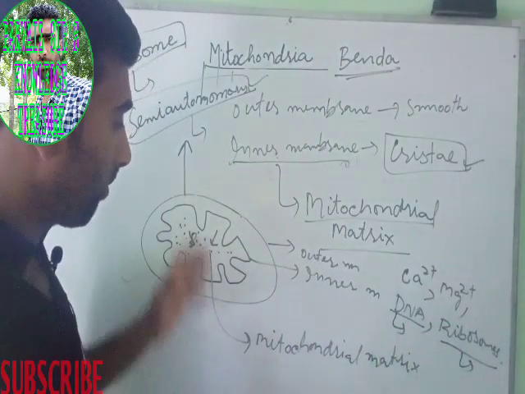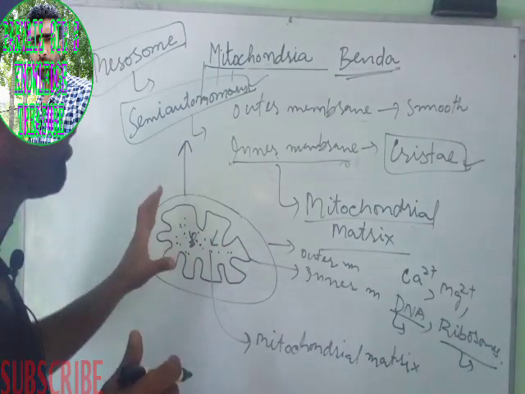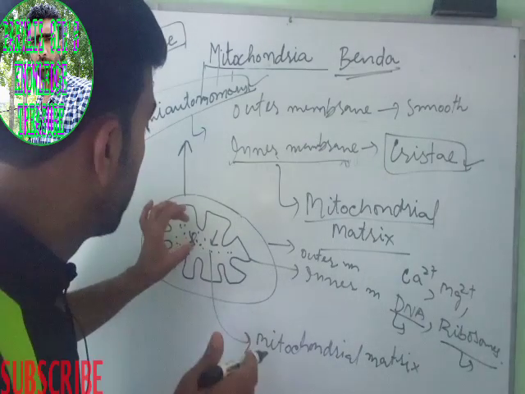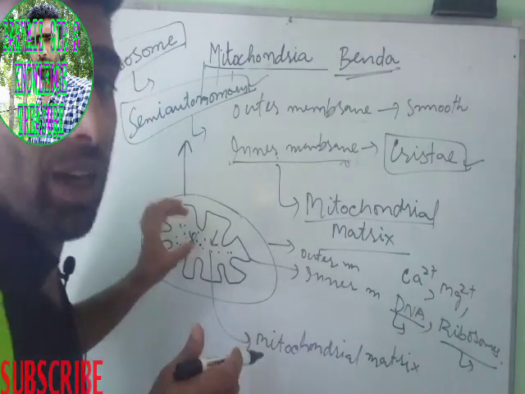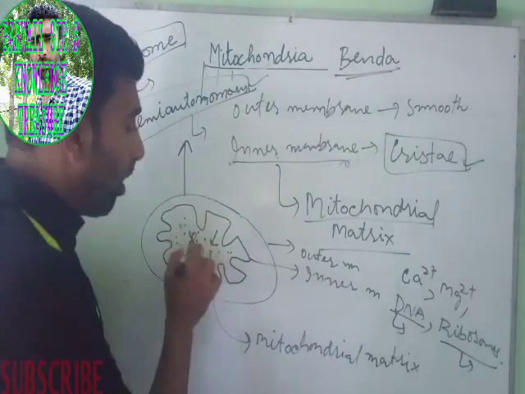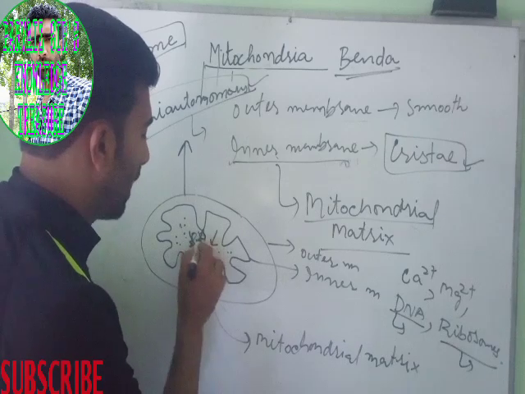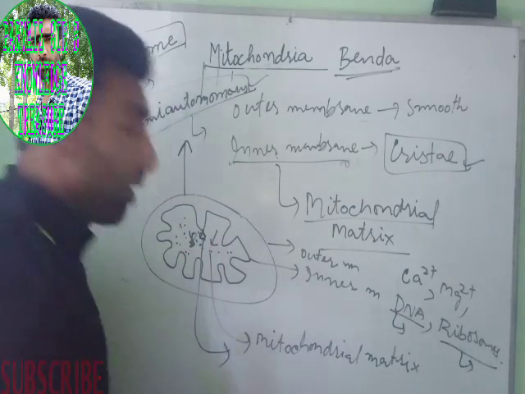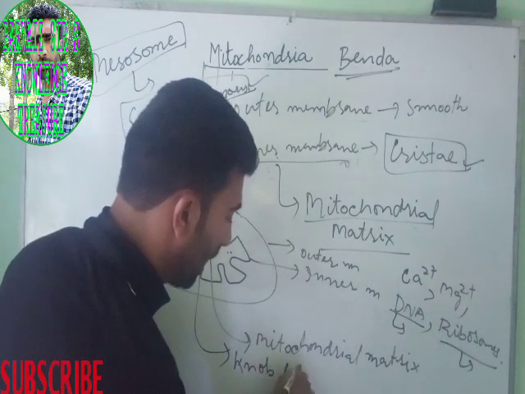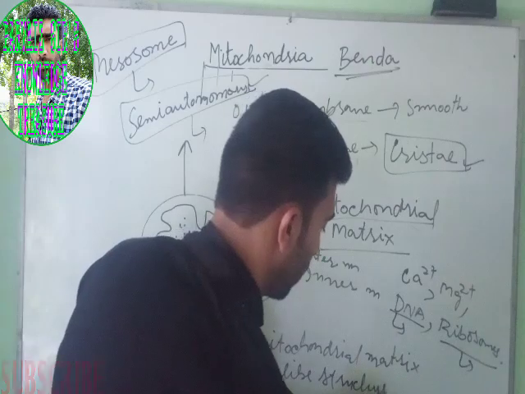Now, we will talk about its main structures which are present on the inner membrane. There are knob-like structures present on the inner membrane of mitochondria.